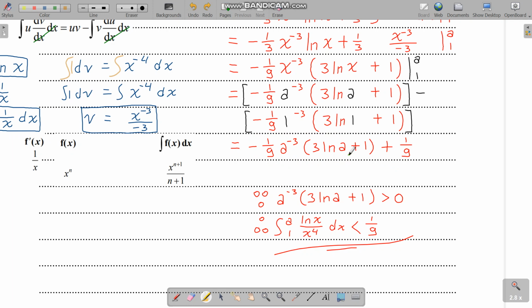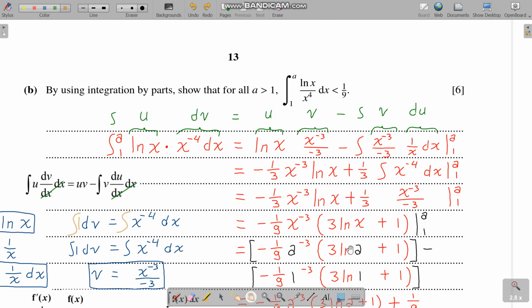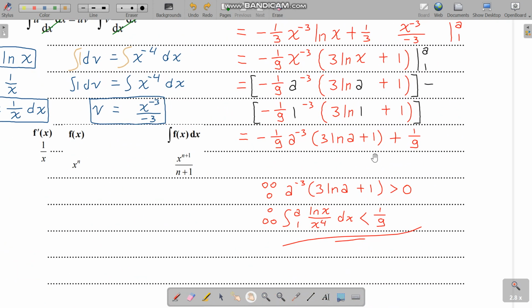Since a is bigger than 1, as it says here, a is greater than 1, that means a to the power of minus 3 is positive. So this must be positive, and this must also be positive. So everything here is positive, and we have minus times something positive, so this whole thing will be negative.